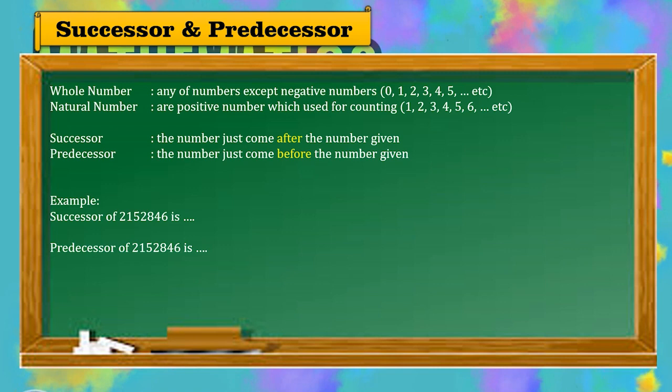And then move to successor and predecessor. Successor is the number just come after the number given. And predecessor is the opposite of successor. So the predecessor is the number just come before the number given.